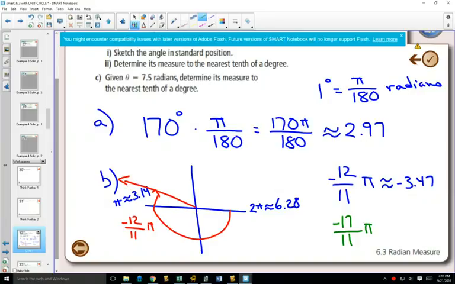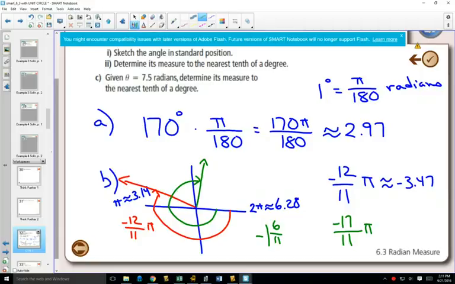Because if you changed 17 over 11 to a mixed fraction, it would be 1 and 6/11ths, right? And since it's a little bit more than half, that angle would go once around, once 1/2, and then a little bit more than half there. So I'll give you an idea of how to think about taking radians and drawing them.